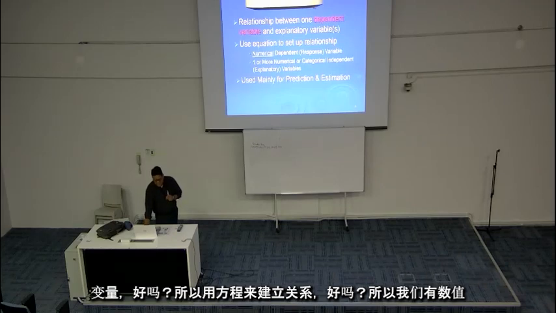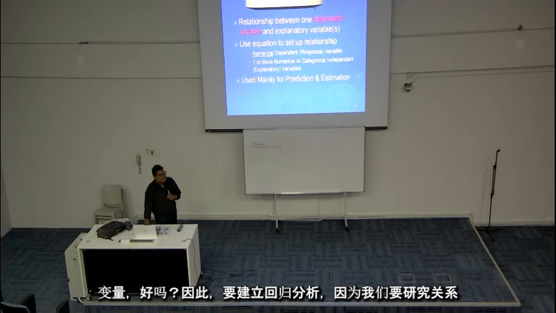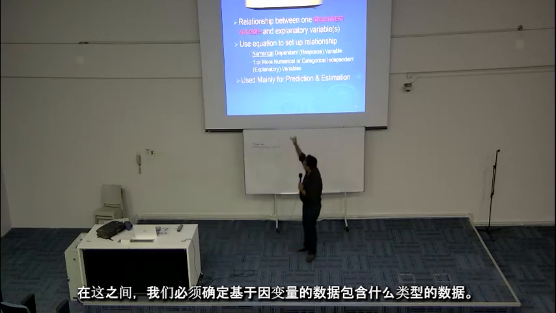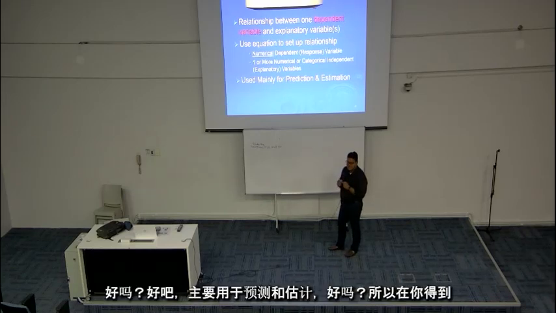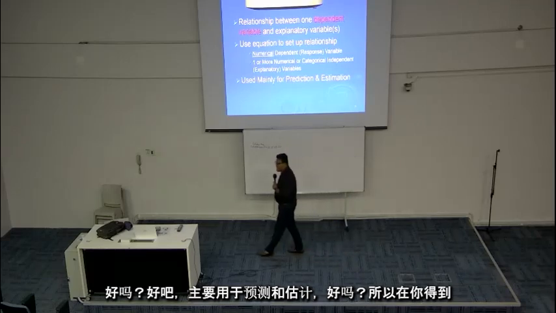We have a numerical dependent or response variable, and one or more numerical or categorical independent variables. To set up the regression analysis, we must check the type of data of the dependent variable and the type of measurement of the explanatory variables. It is used mainly for prediction and estimation.